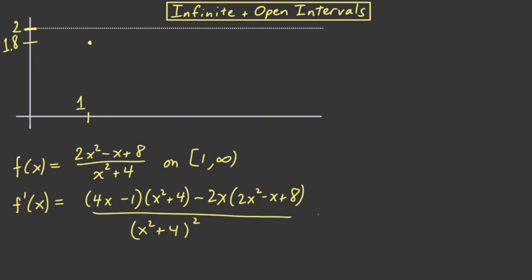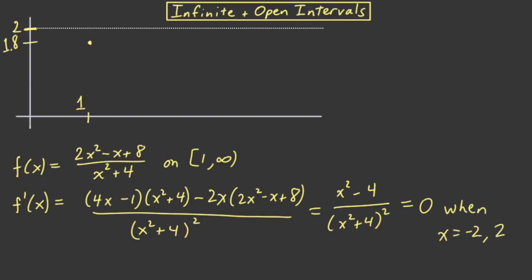I'm going to skip the algebra, but this turns out to be (x squared minus 4) over the same denominator, (x squared plus 4) squared. And this always exists, and it equals 0 when x equals minus 2 or plus 2. Minus 2 is not in our interval, so plus 2 is the only critical point that we care about.